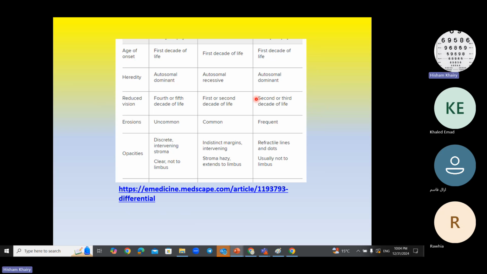So here is a comparison between some dystrophies. Which stromal dystrophy here is autosomal dominant? Which dystrophy is autosomal recessive?